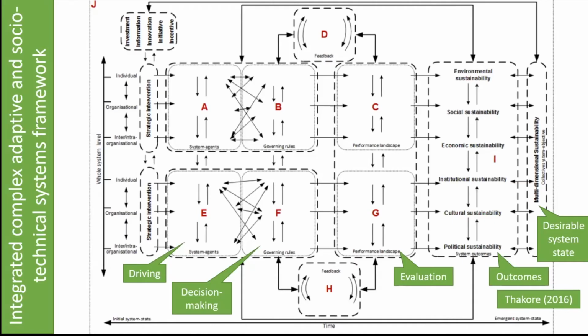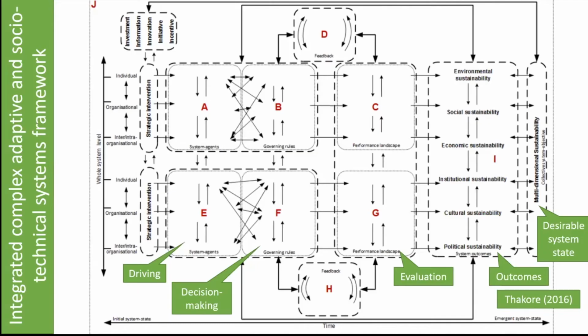That is, they will act according to their governing rules, and their performance is captured in boxes C and G, respectively. And when they are performing, they encounter some challenges. These challenges are fed back to them as part of the governing rules, and that will change the governing rules. And that can be seen in boxes D and H.